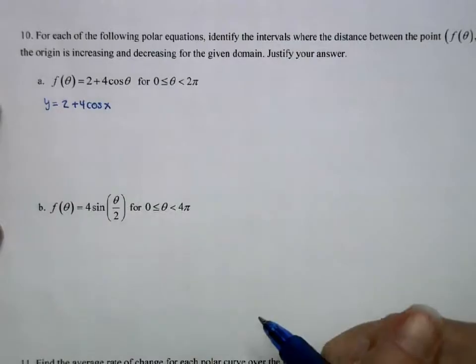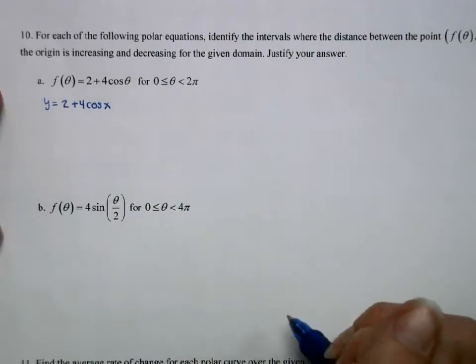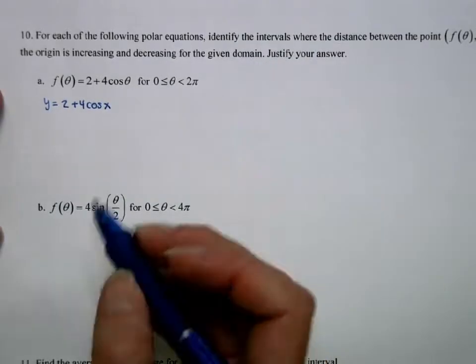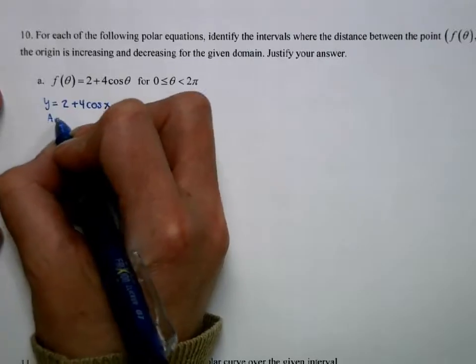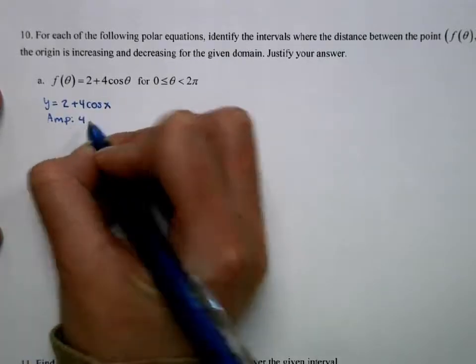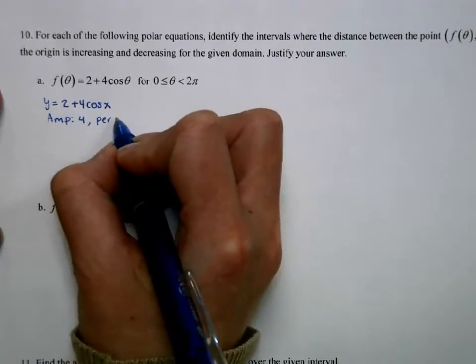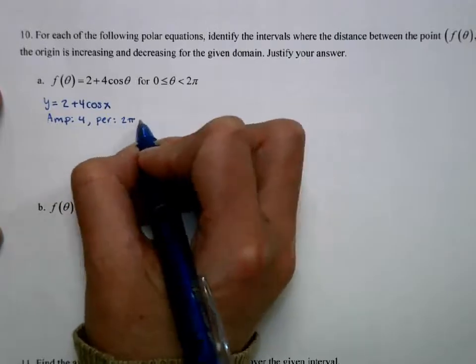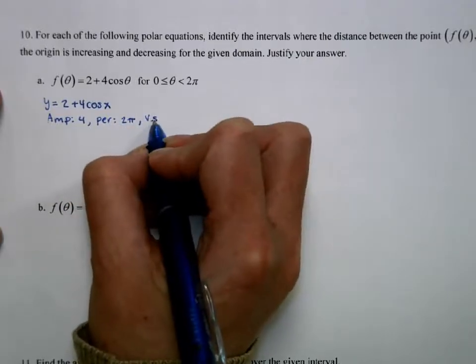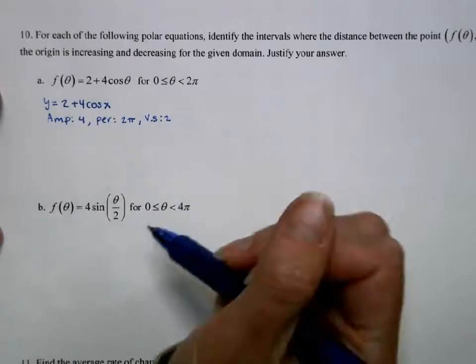This has an amplitude of 4, a period of 2 pi, and a vertical shift of 2, which means my midline's at 2, and we're going 4 above that and 4 below that. So my maximum is going to be 6, my minimum is going to be at negative 2.